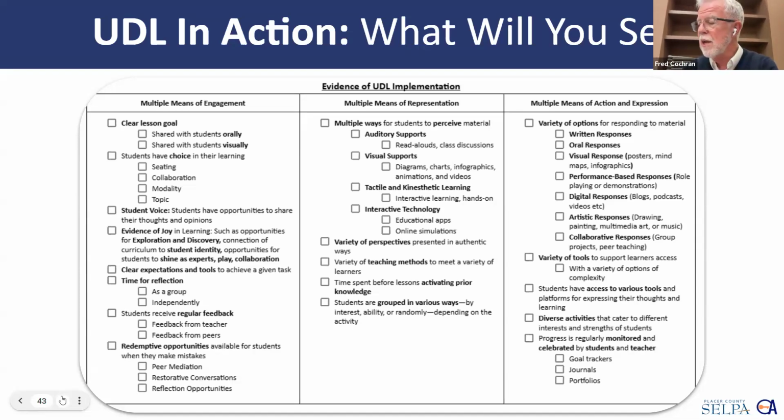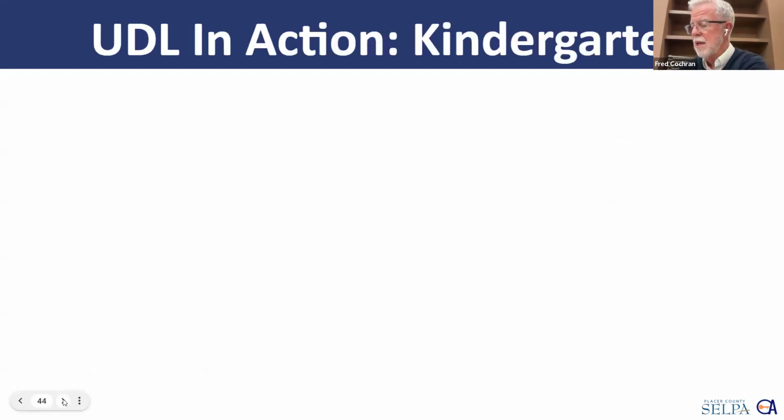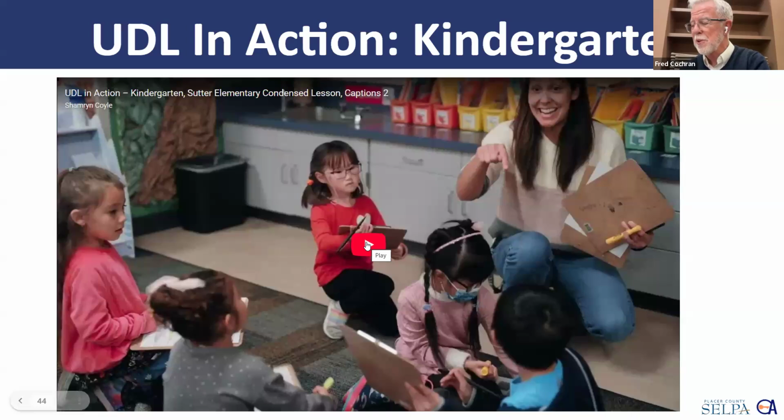And what we're going to do today is share a video with you. These videos are called UDL in Action, and they were made when the grant that I work under, called the California Coalition for Inclusive Learning, was in its first phase.